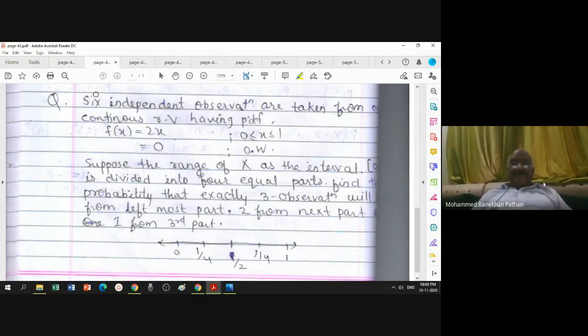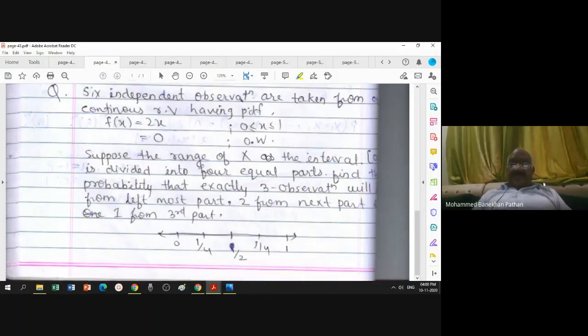Now I made 6 observations from this function. So this is the range 0 to 1 split according to this question: 1 by 4, then half, then again 1 by 4 added, 3 by 4, and 1.